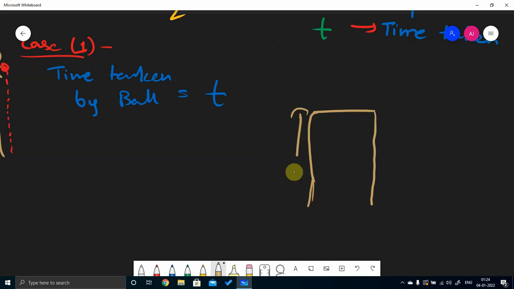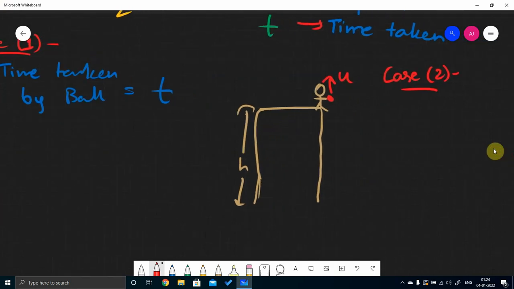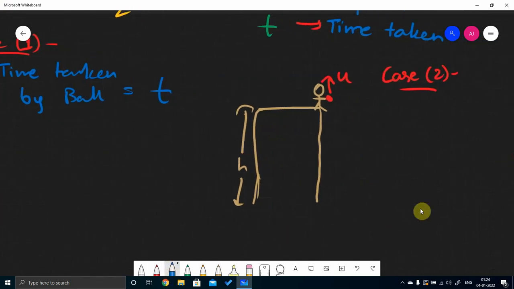Again, this is also of height h itself because it's the same building. You're standing over here and you have a ball in your hand. But this time what you do is you throw it up with an initial velocity u. Now let's call this our case 2.